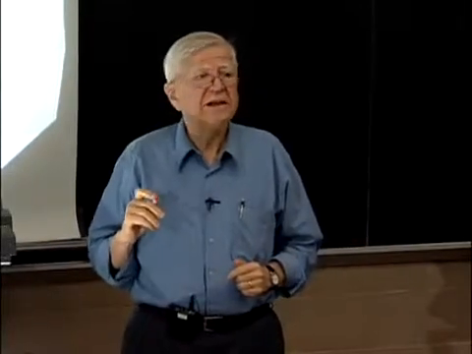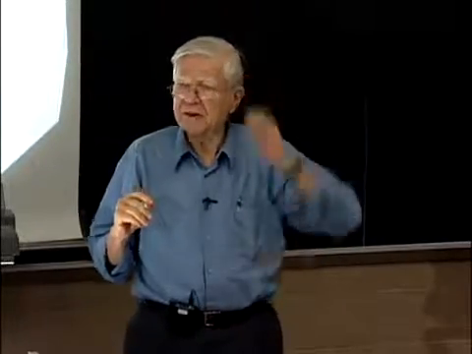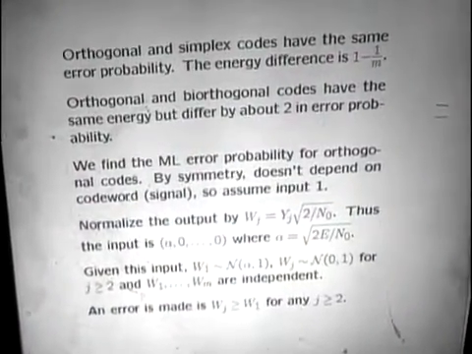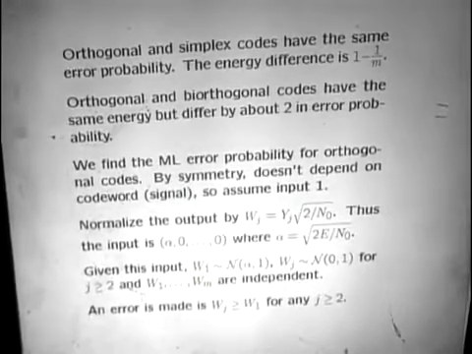So the signal now, instead of being the square root of E, which is the energy I have available, is going to be the square root of 2E divided by n0. Somehow, this thing keeps creeping up everywhere, this 2E over n0.